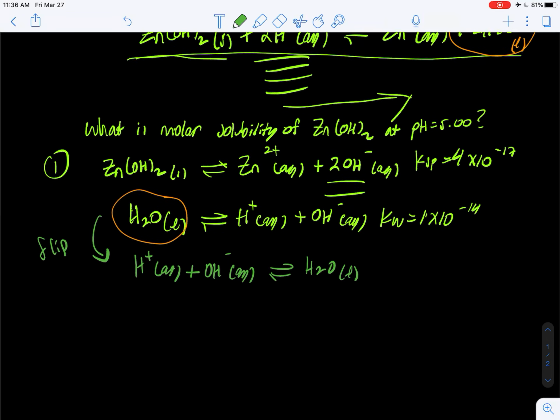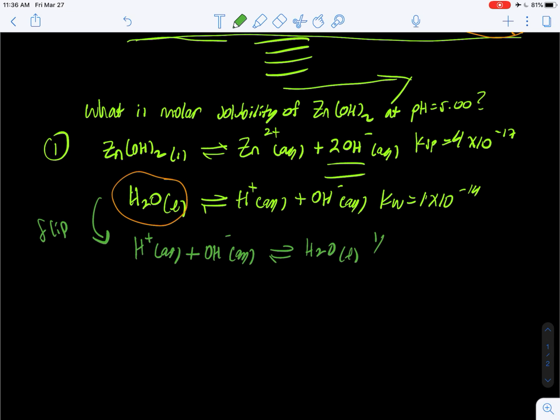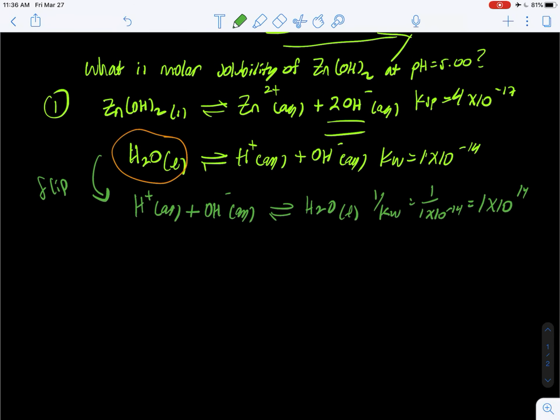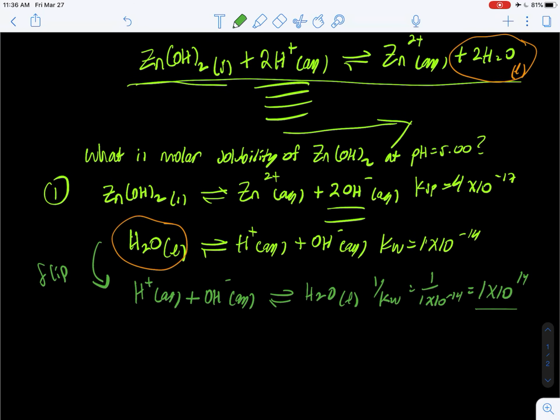Now, if you flip a chemical reaction, the equilibrium constant is going to be 1 over that. And so we can do that math in our head. The equilibrium constant for this equation is 1 times 10 to the 14.